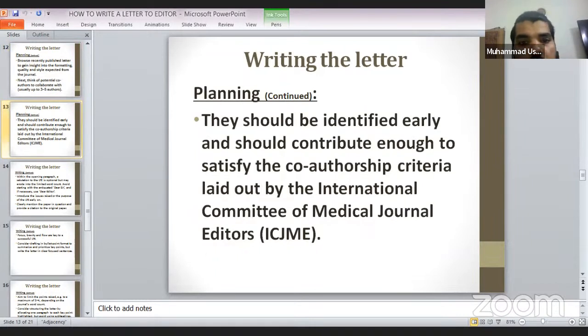And one more thing, you should not be including anyone who has not contributed to the process of writing or to the process of conceiving the idea.